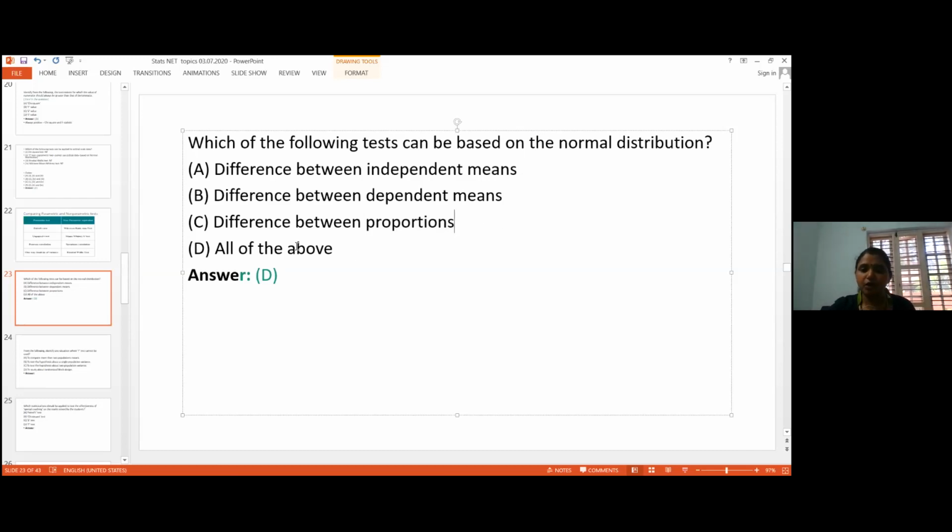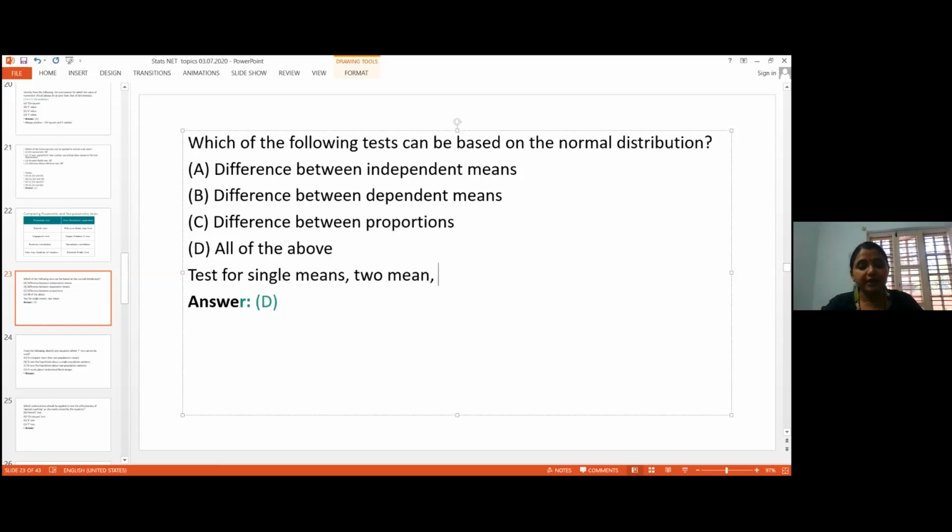So the common tests that are based on normal distribution are tests for single means, the common ones we have learned in our PG programs. Two means, that means you're comparing two different populations with respect to their average.